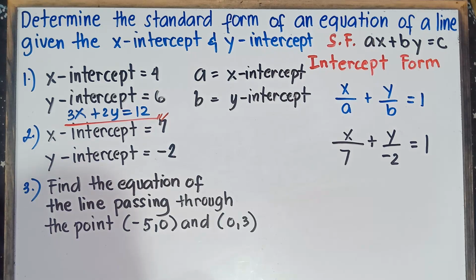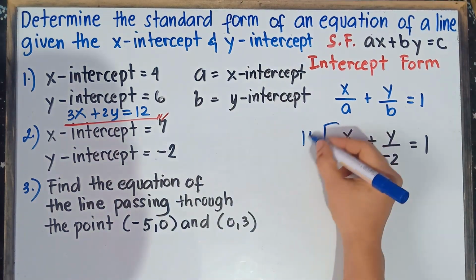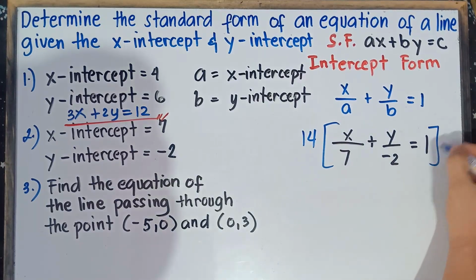Alright, so once again, class, we need to eliminate the denominators for us to find the equation. So what would be the LCM, class, of 7 and 2? What would be the least number in which that number is divisible by 7 and that number is divisible by 2? What's the answer, class? That's correct, that would be 14, right? We can divide 14 by 7, we can divide 14 by 2.